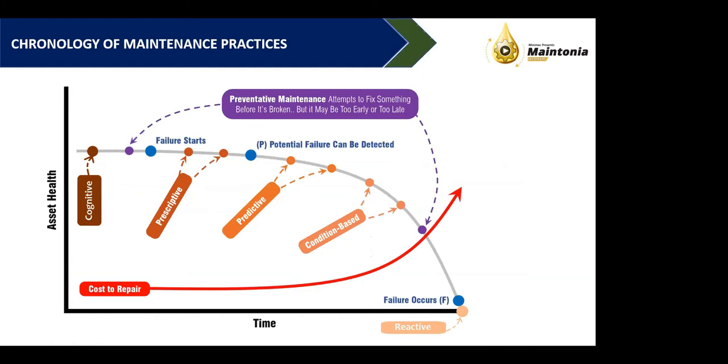So this is the chronology of maintenance practices, and this is a graph which is very popular. If we see the graph and find the break-even point, it is somewhere very much to the right. But in the cognitive maintenance era, the cost of repair is not an exponential curve, something like hyperbolic.